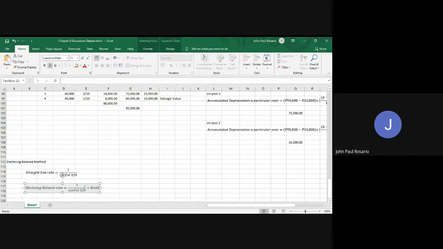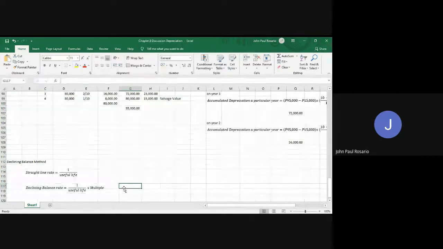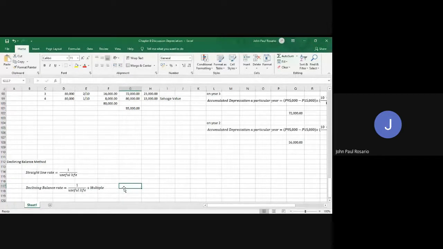This multiple could be 125%, 150%, or 200%, or whatever percentage is used. So when you say declining balance method, guys, your multiple should be more than 1, because if it isn't more than 1, it's no longer a declining balance rate. But there are instances where it's less than 1, or less than 100%.